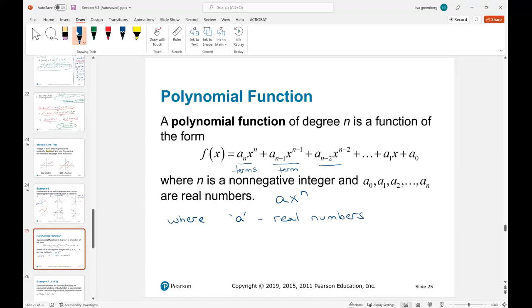So the reason they write it like this with all these different subscripts is they're saying they're just different values. They could be the same, but they could be different. So we just don't know. So we're going to talk about them all as different numbers. So a is a real number, and it's also called the coefficient.